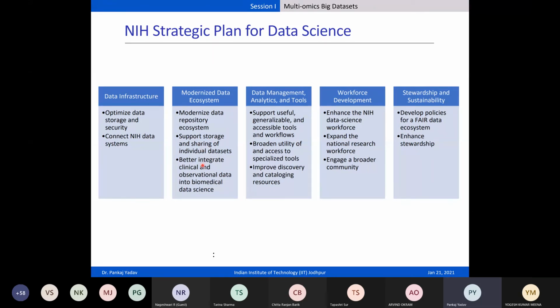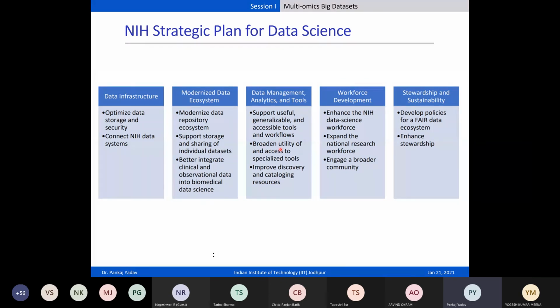Then we have better integration of these different layers of data, how we can integrate clinical and observational data for biomedical data science. And then the management, analytics and tools available for analyzing these different types of data. They have provided a policy to support useful, generalizable, and accessible tools and workflows available from the NCBI portal.